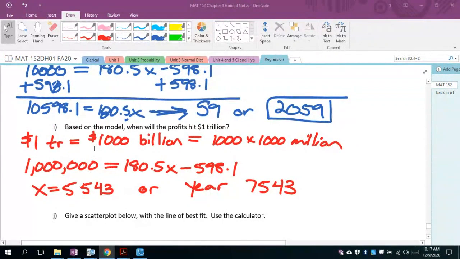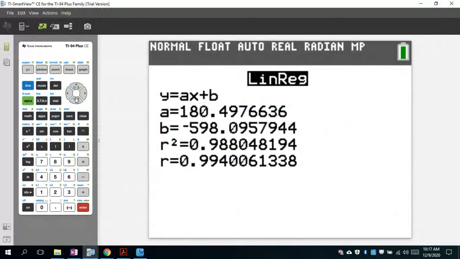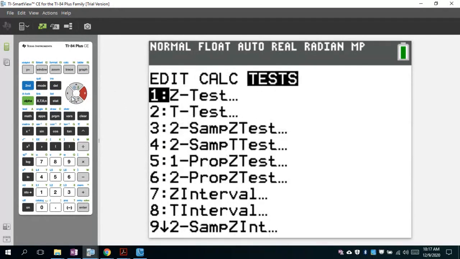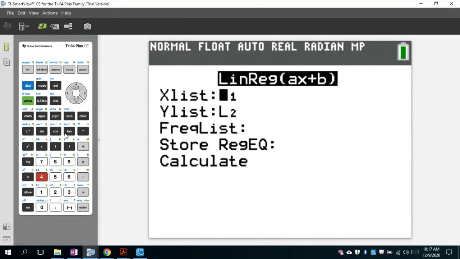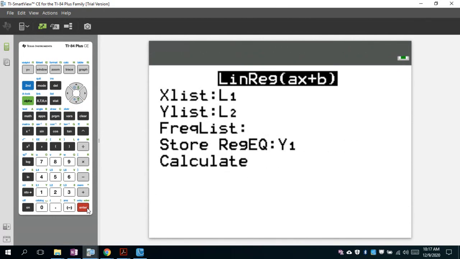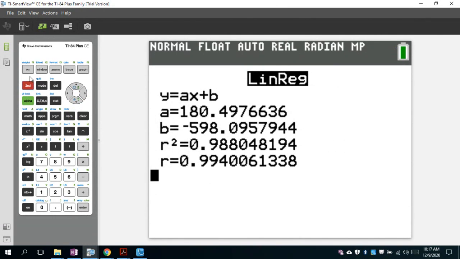All right, so based on the scatter plot below, one thing I'm going to do here is, I believe the final exam didn't actually ask for it, but I'm going to go back to LinReg, store the regression equation to y1, and then recalculate.